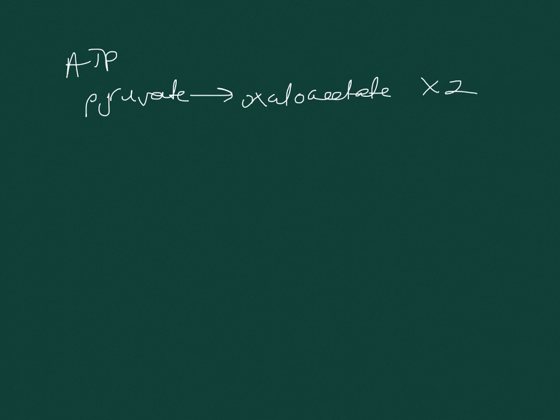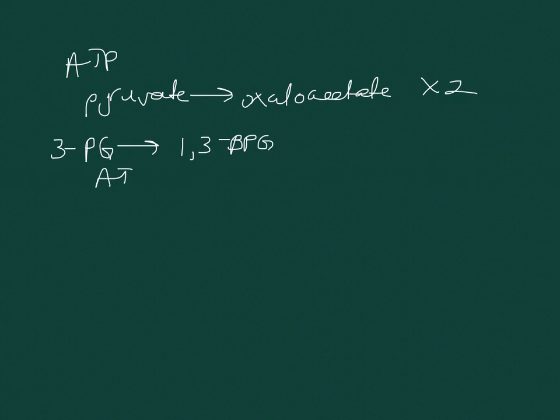Just to keep up with accounting purposes, we consume ATP when we take pyruvate to oxaloacetate, and that's multiplied by 2. We also consume ATP when we take 3-phosphoglycerate and we make 1,3-bisphosphoglycerate.